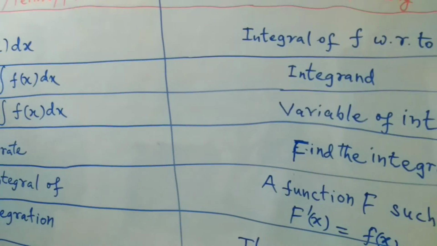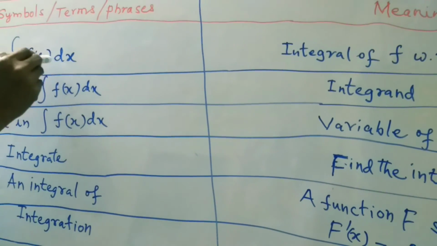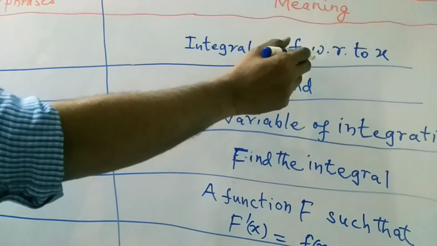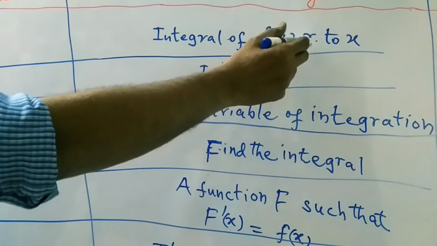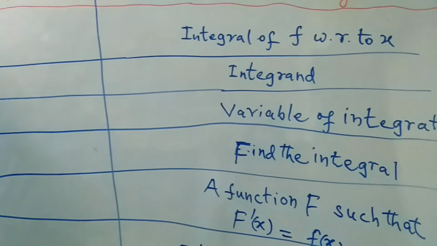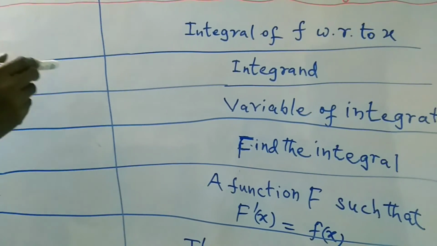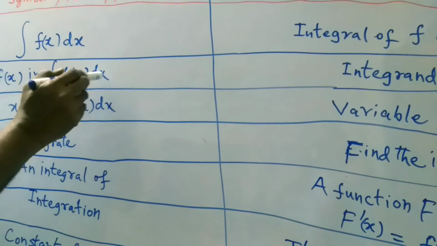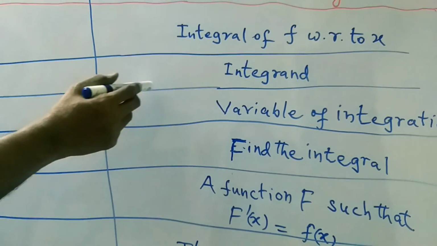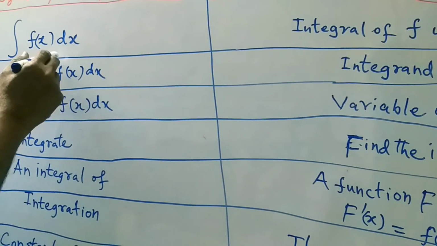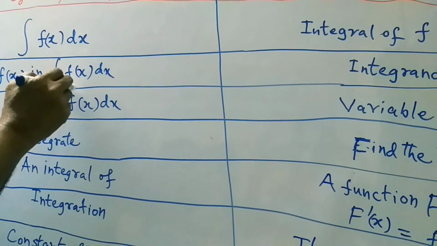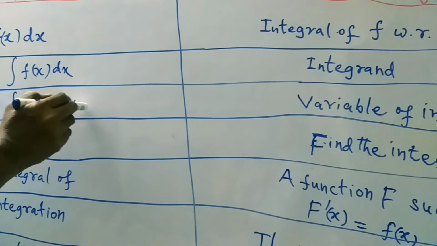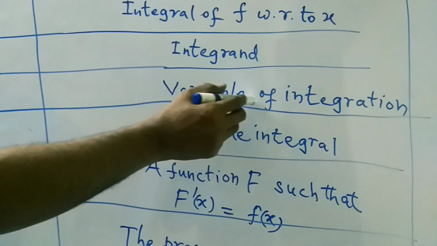So the integral of f of x dx means the integral of f with respect to x. This f of x is the integrand, and x is the variable of integration.